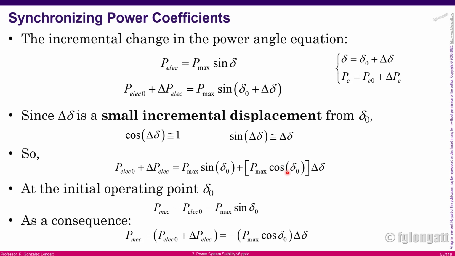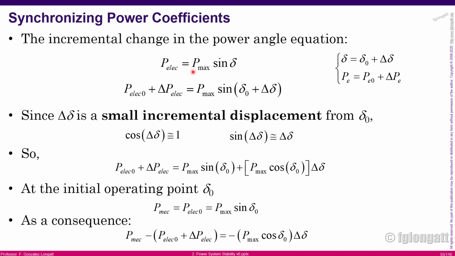What I'm trying to say is that we can transform the small incremental displacement and refer the power angle equation in order to include the changes delta delta on the electrical power.